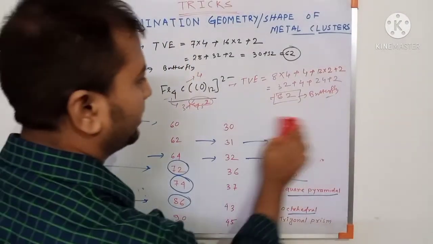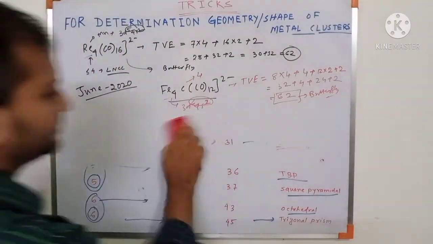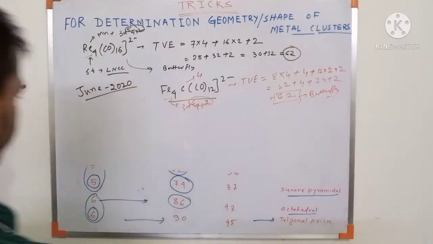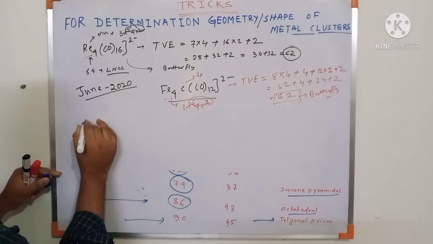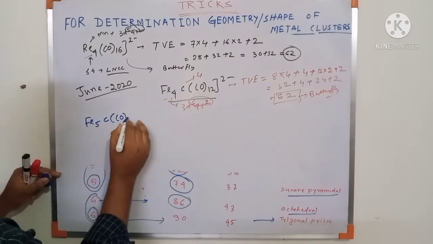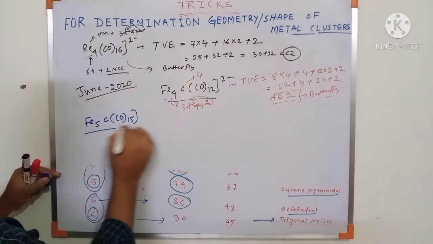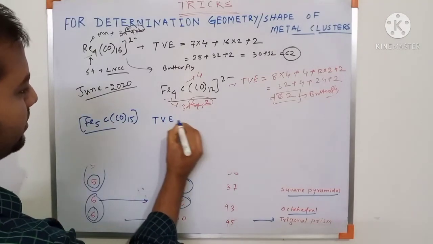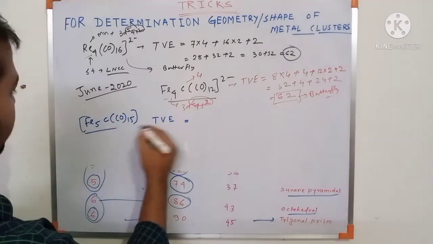Now let's take another example. Suppose Fe5C(CO)15. First calculate the total valence electrons.